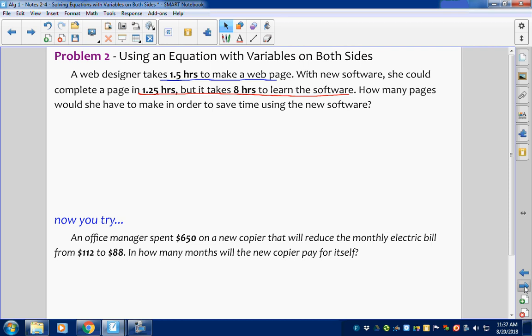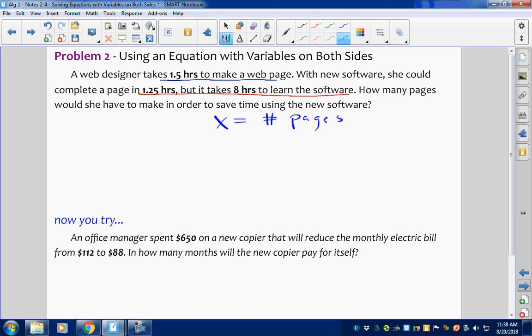Okay, so it says how many pages would she have to make in order to save time using the new software. So after going through the training, how many hours after that is it going to take to make it worthwhile. So the x equals the number of pages.